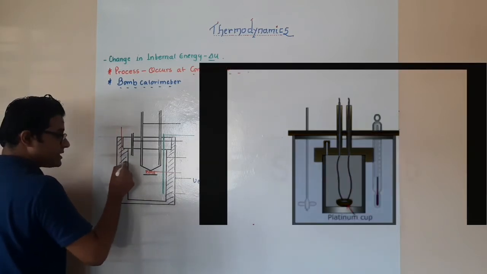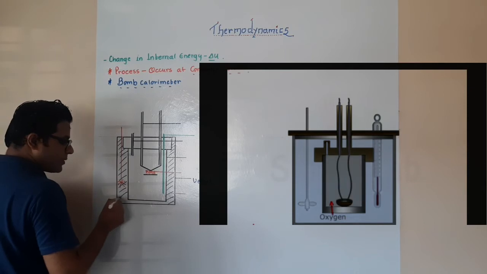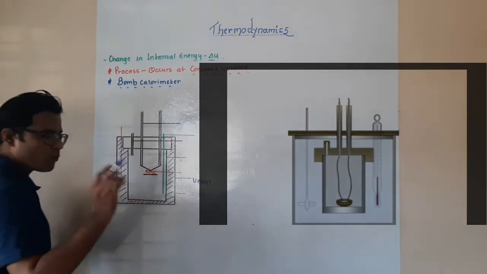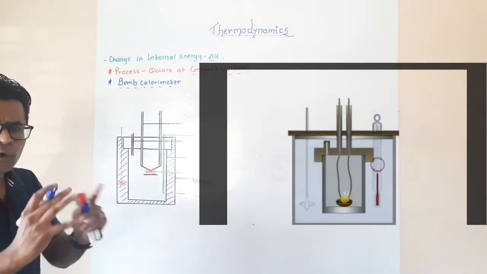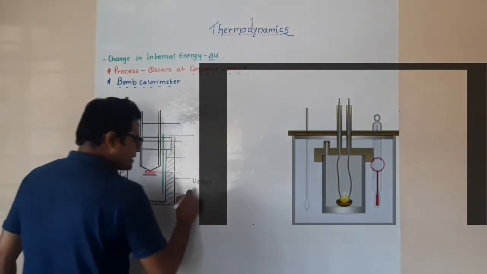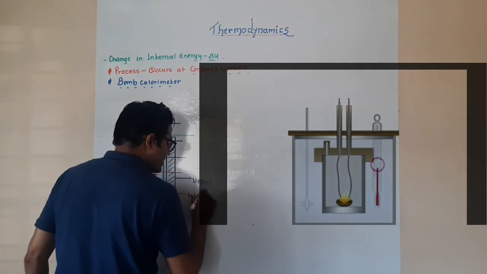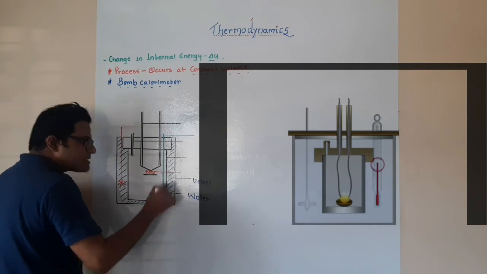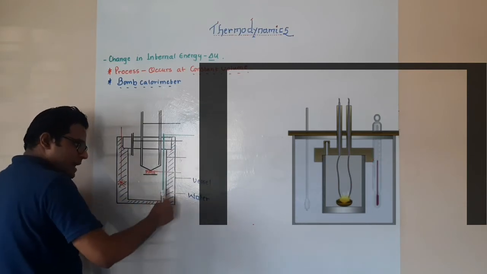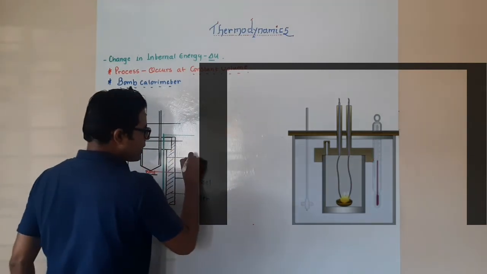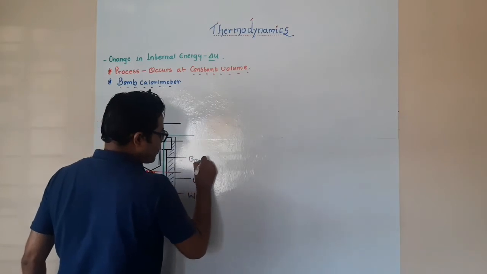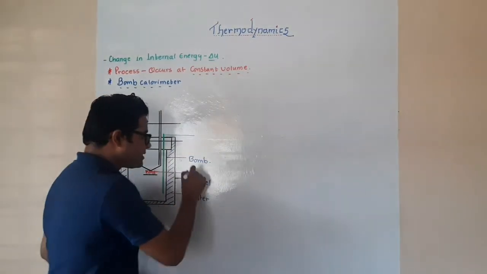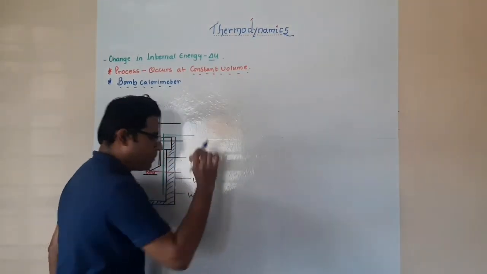As we have discussed in our previous section, we are going to take the calorimeter and immerse it in water or a particular known liquid. Here the liquid that we are taking is water. So our main shell is inside this. That black line represents the actual vessel wherein the reaction occurs, and that vessel we refer to as the bomb.